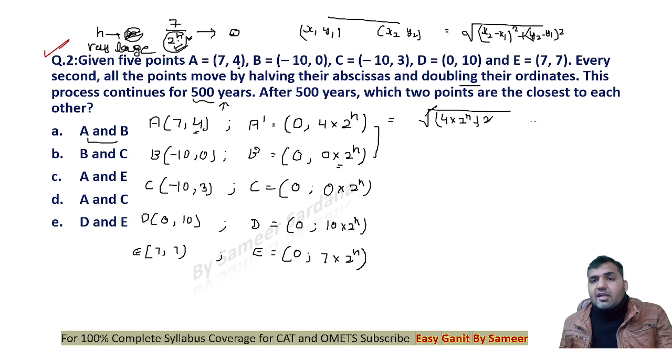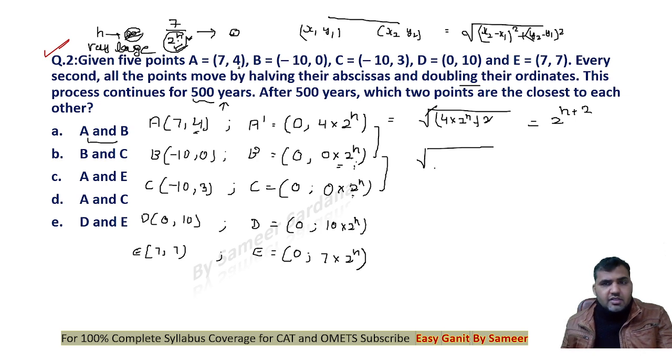So you see that the difference is 2 raised to power n plus 2 actually. This is the distance between A and B. Now if I look at the distance between B and C, this again you see that x2 minus x1 square plus y2 minus y1 square, right? So both of these points are actually 0 itself, right? So this becomes 0 itself, right?